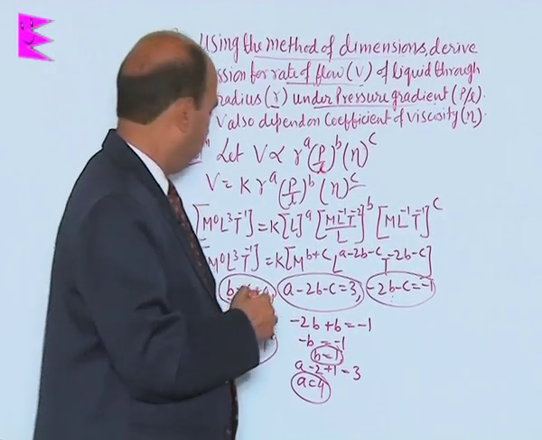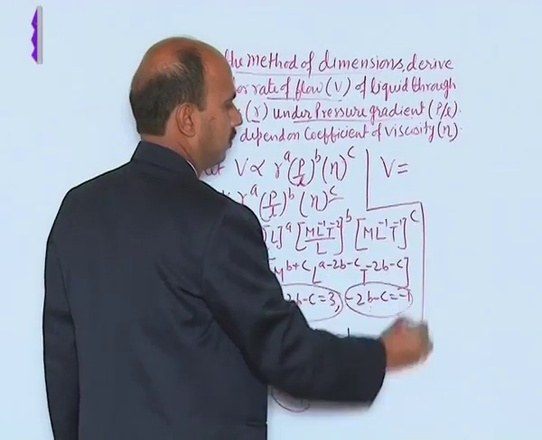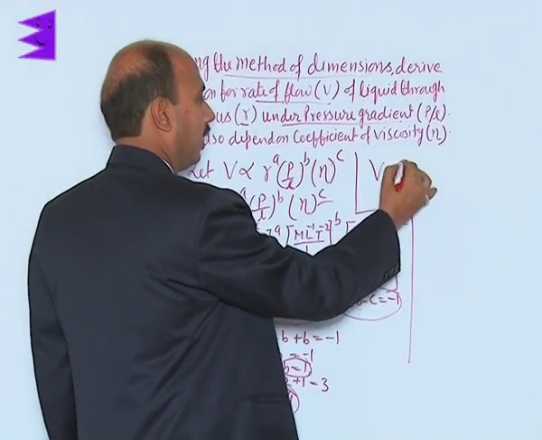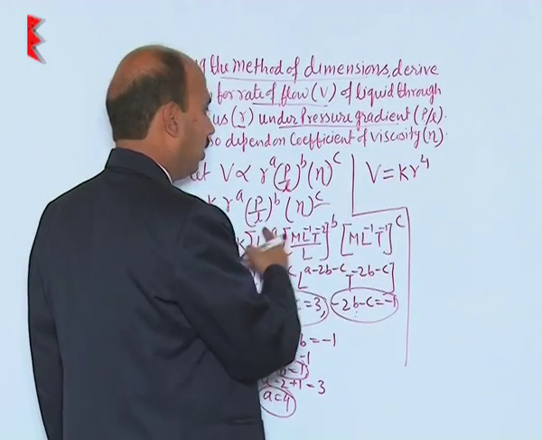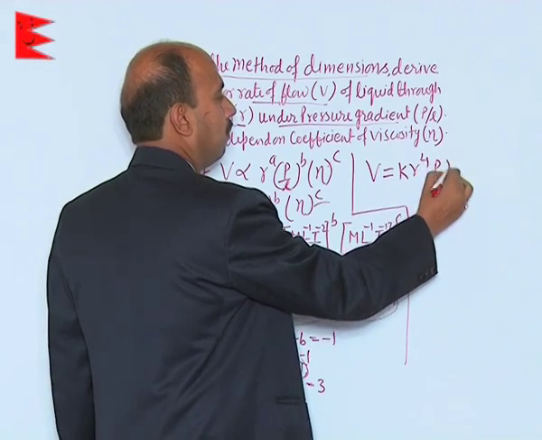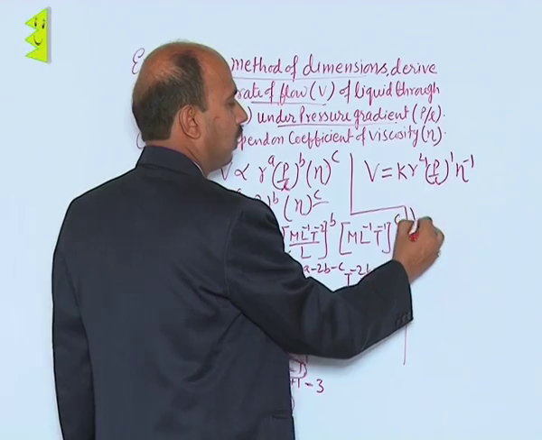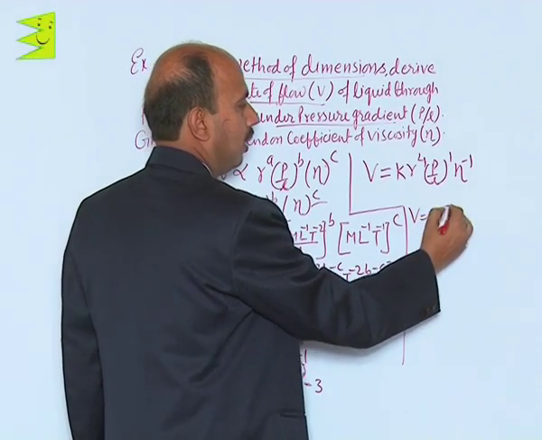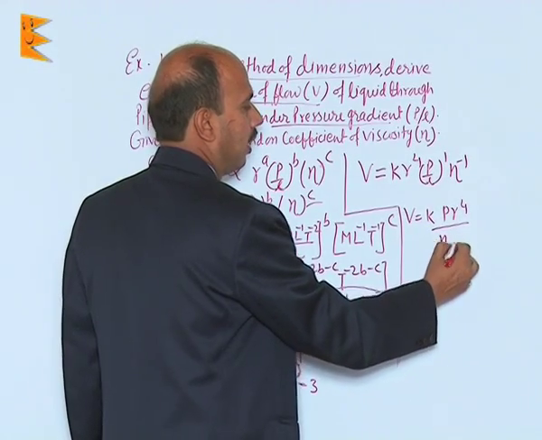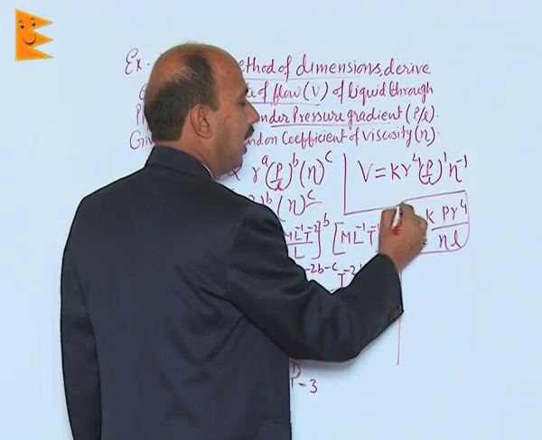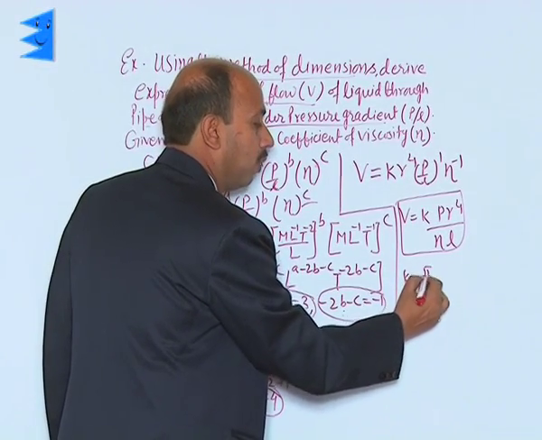So, you will be getting V is equal to K, A you have got 4, so R raised to power 4, P upon L you have got B 1 and eta raised to power minus 1. So, you can write V is equal to K P R raised to power 4 upon eta L. But see here, actually the constant in the actual formula, K is equal to pi upon 8.